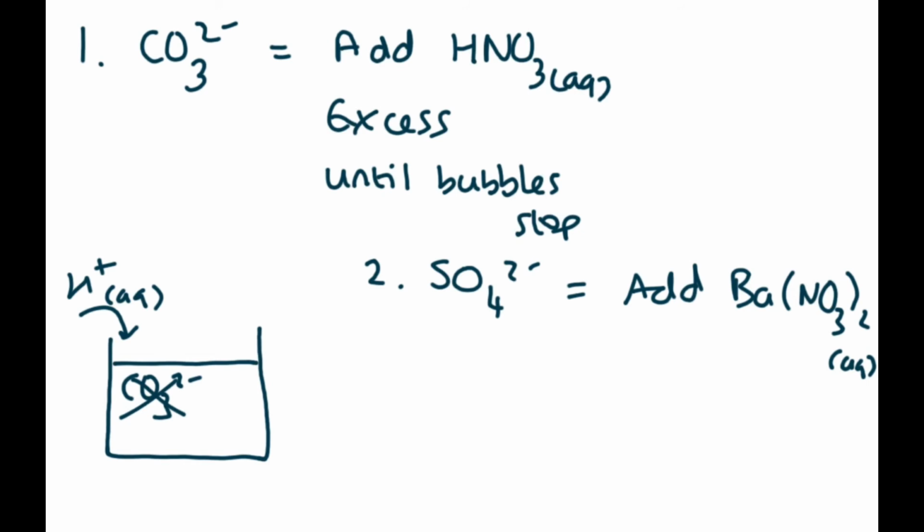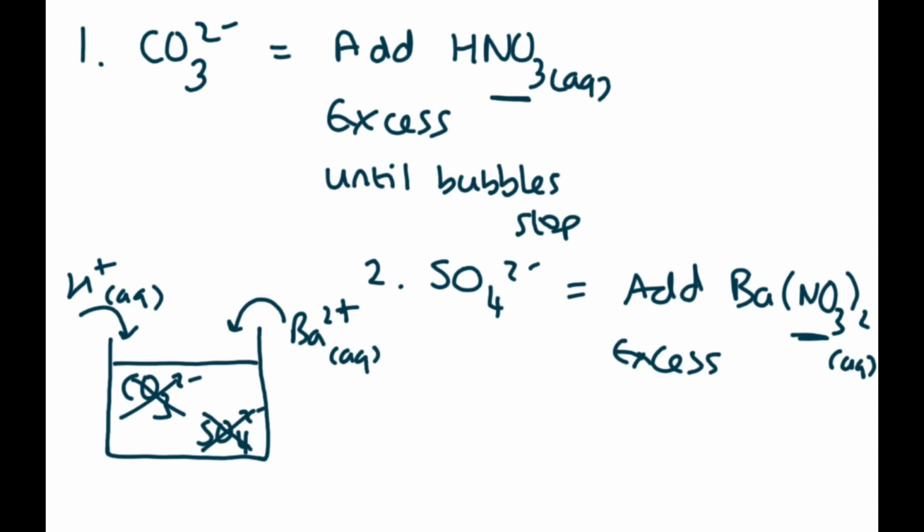So add barium nitrate. So always remember it's nitrate. Nitrate is what we're adding. And again, you want to add excess barium nitrate because you want to make sure that if there is any sulfate in there, all the sulfate has gone when you add barium ions. So you add excess barium nitrate.